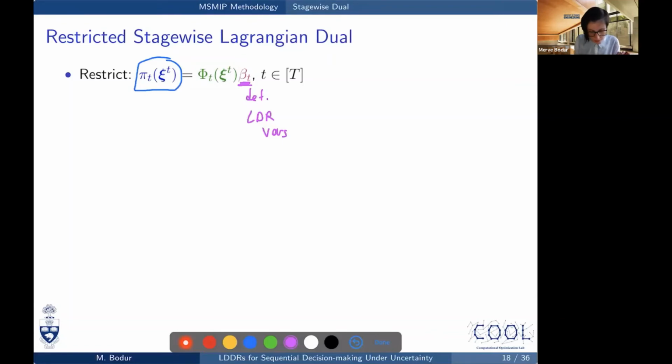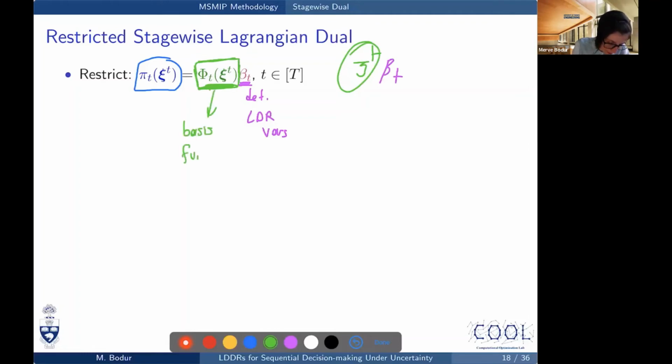Here I am using a function of the history that is a bit more general than what I told you before. In the previous version, I just used xi superscript t times beta t, where this was directly the history, let's say the demands you had observed up until that point. Now I'm using some different functions of the history, the demands that I observed, and these are called basis functions, so that I have a little bit more flexibility.